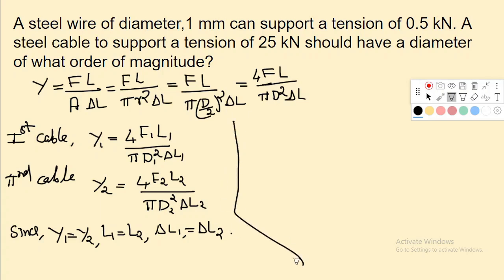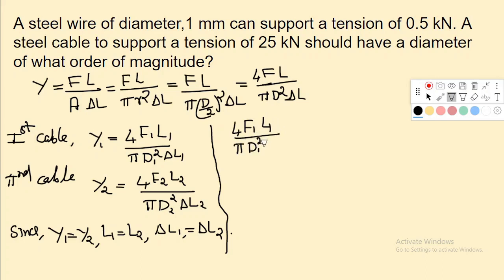So let us substitute. So we can equate 4 F1 L1 divided by pi d1 square delta L1 equal to 4 F2 L2 divided by pi d2 square delta L2. So these 4 can be cancelled. L1 and L2 can be cancelled.